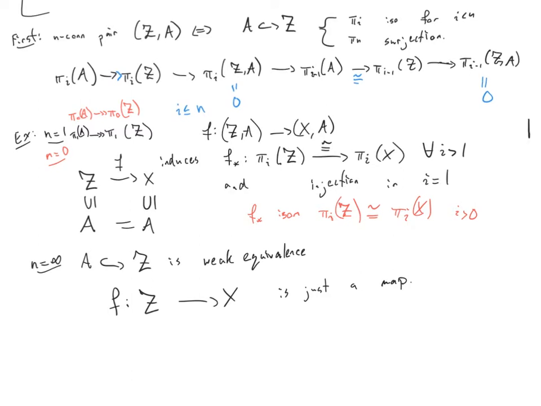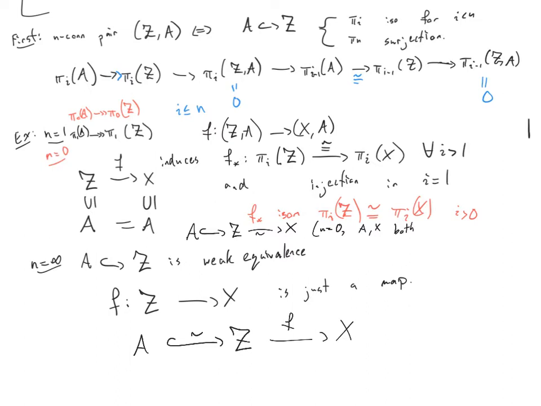So in this case, what we have is A living inside of Z, but weakly equivalent, and then we have this map F to X, whereas above what we had was A living inside of Z, which was a CW replacement, very close to X. In the 0 case, it looks like this, if n equals 0 and A, X both path connected.